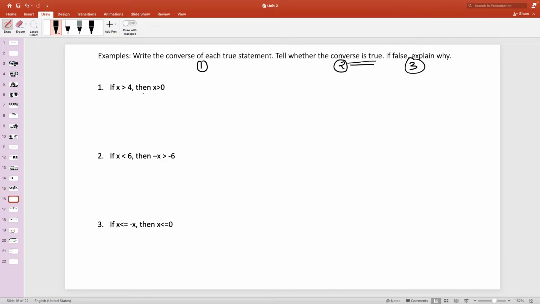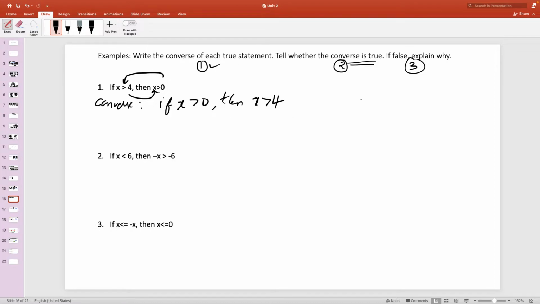If x is greater than 4, then x is greater than 0. This is a true statement. So the converse, the way we have to write it down, is we switch: this goes here and this goes here. So if x is greater than 0, then x is greater than 4. This is the converse statement.